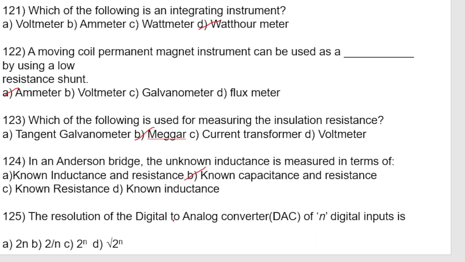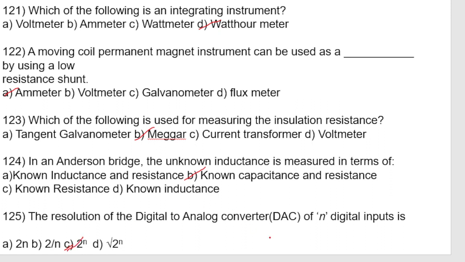The resolution of a DAC, digital to analog converter, of n digital input is. So this is 2 by n. No, it is 2 to the power n. So I will correct it. Sorry. So it is C option, 2 to the power n.